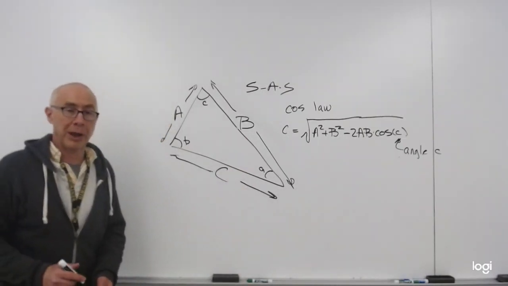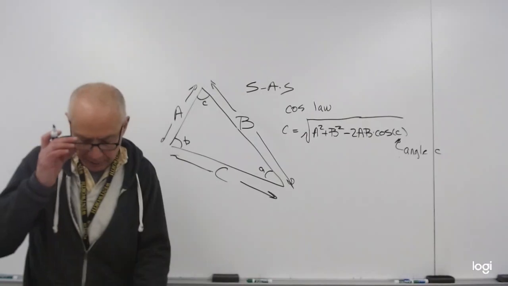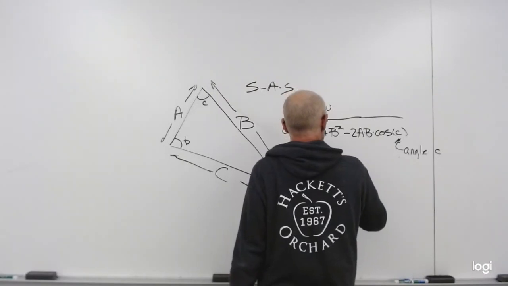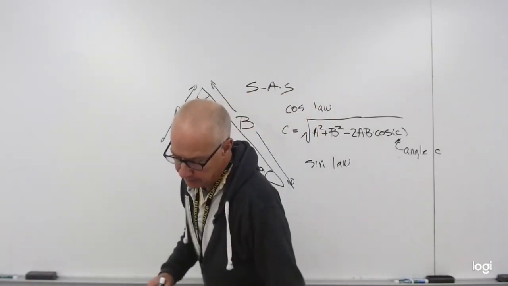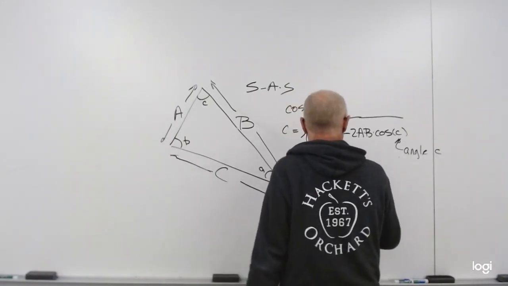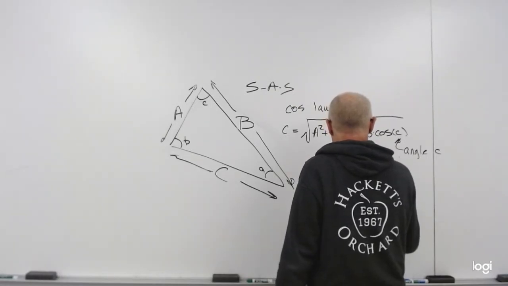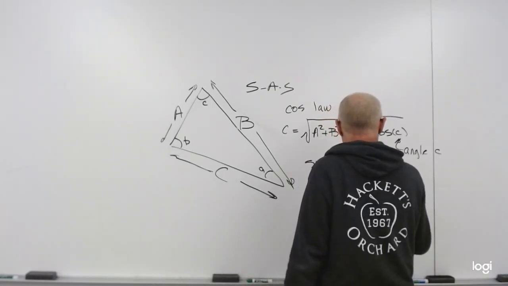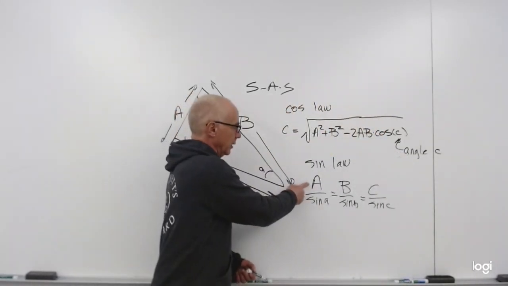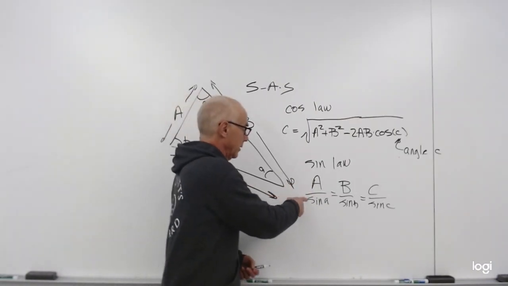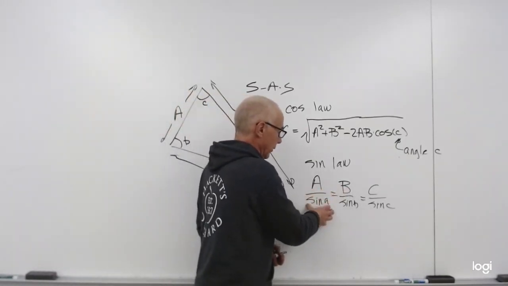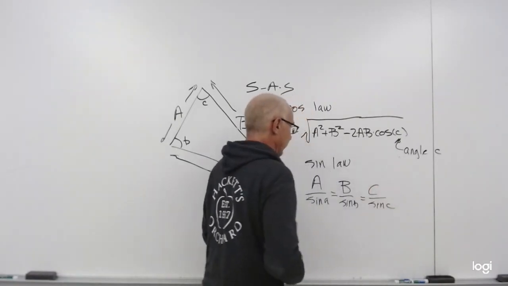In that case, we're going to apply what's called the sine law, which is that A over sine A equals B over sine B equals C over sine C. What it's saying is that the length of each of the sides divided by the sine of the opposing angle are always equal.